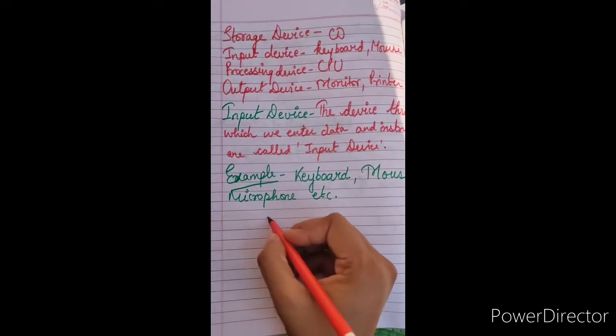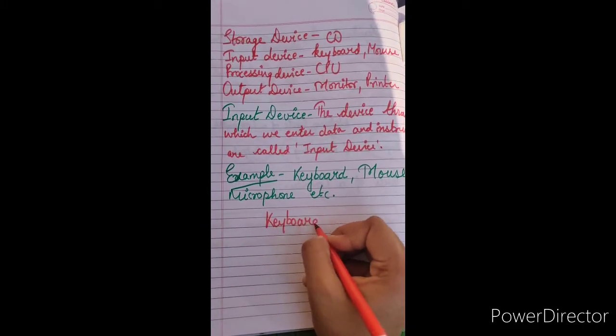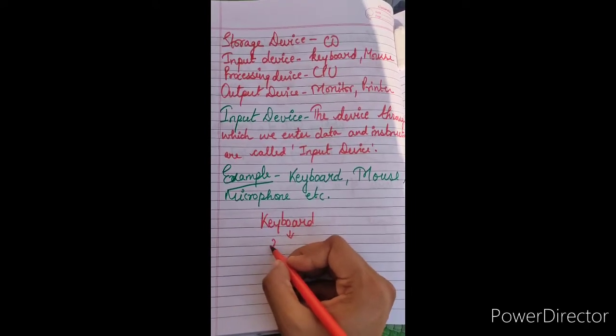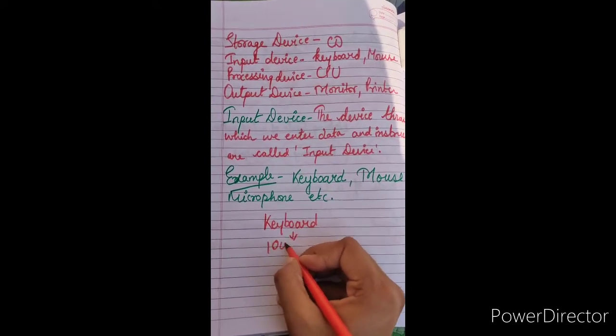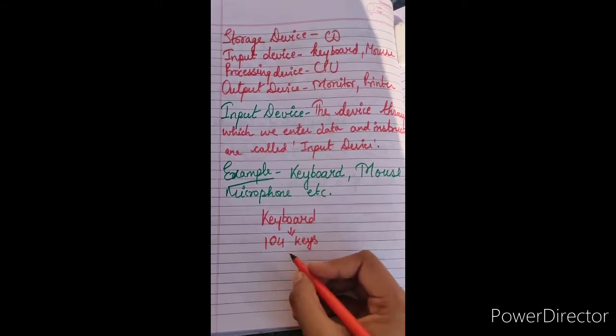A keyboard has 104 keys, which can be divided into 4 groups.